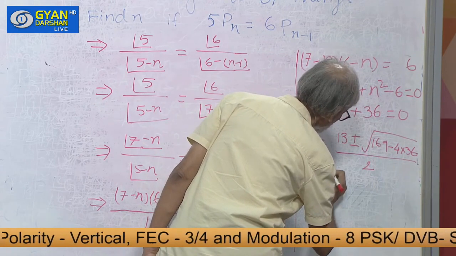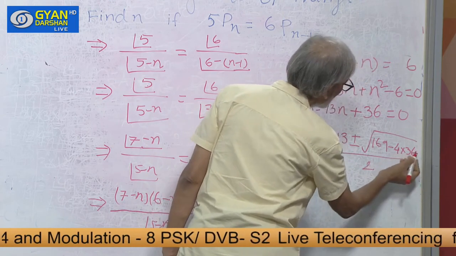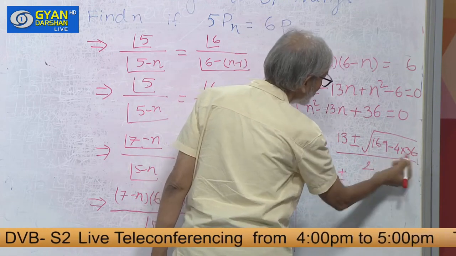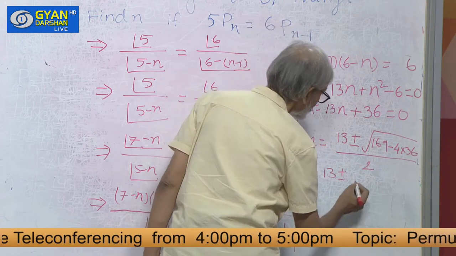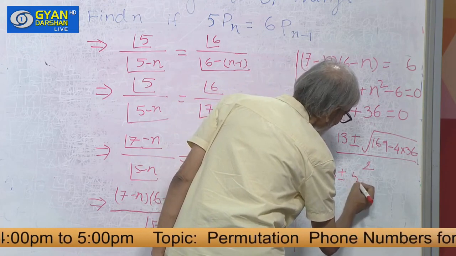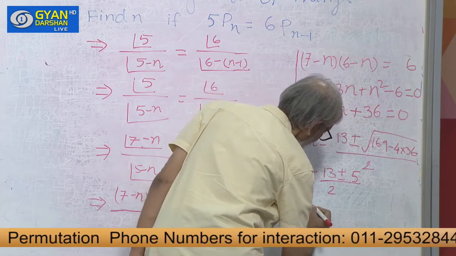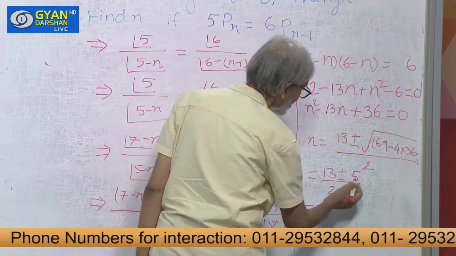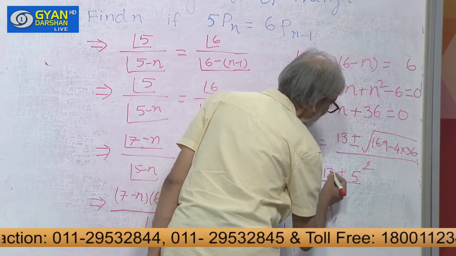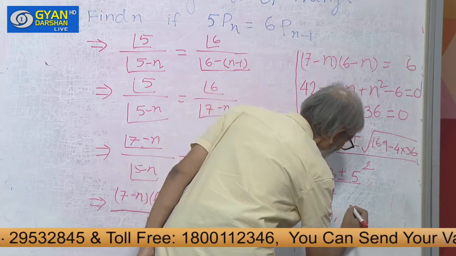So it is equal to 13 plus minus, this will become 144. So 169 minus 144 is equal to 25. So, plus minus under root 25, it means 5, divided by 2. So it is equal to 13 plus 5 is 18 divided by 2 is 9, and 13 minus 5 is 8 divided by 2 is equal to 4.